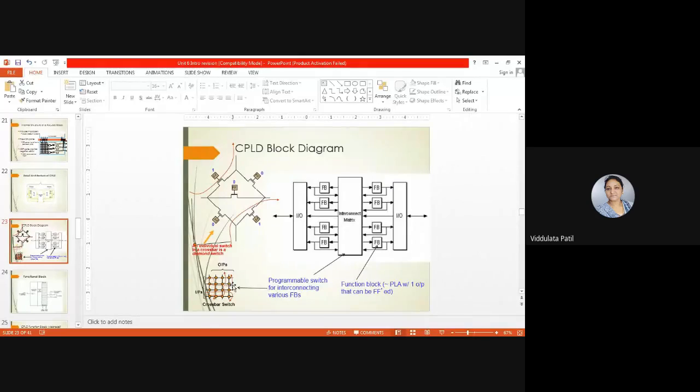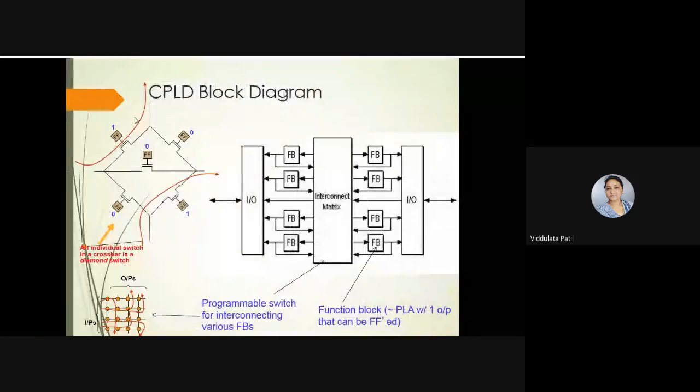So this is the structure of crossbar switches, and if we are considering only one switch, then it will look like this. So here there are some flip-flops. We can program in such a way that there will be a connection. And this structure is a diamond-like structure, so that is why it is also called a diamond switch.